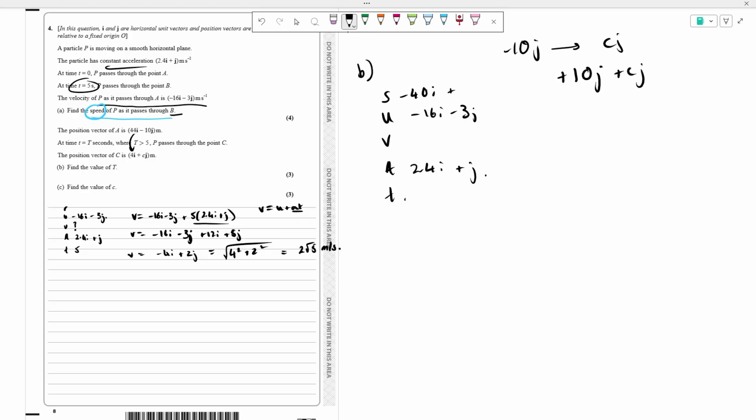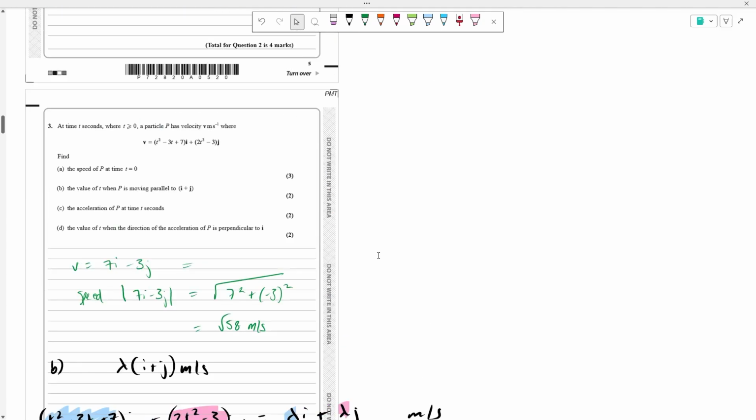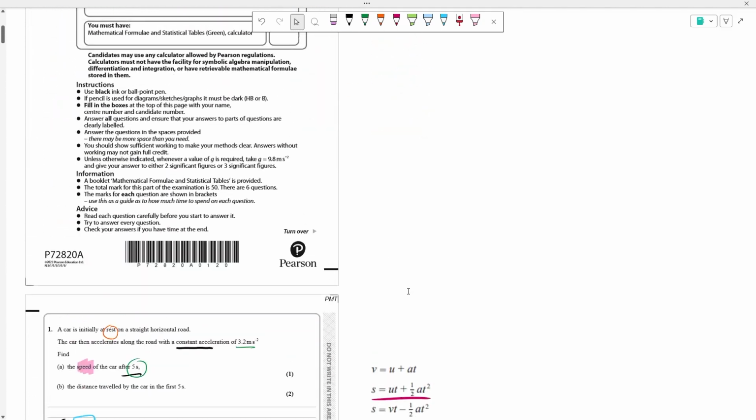So I'm going to combine them like so, kind of just factorize it. You're thinking about the displacement. If this point is the starting point, what are you doing from this vector to get to the second vector? Okay, and what we're trying to work out is the value of t. Our equations from before, let me scroll back up and just copy them down.